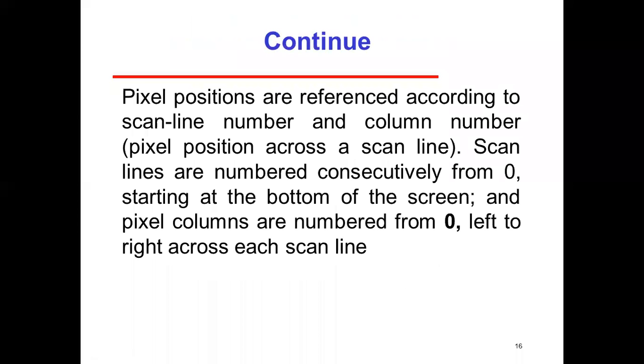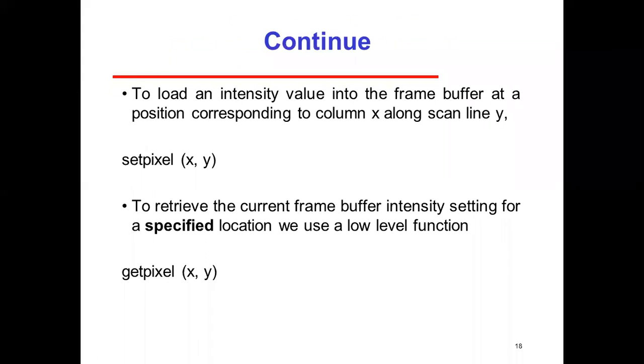Just considering again the same thing, how can we draw the line. To load an intensity value into the frame buffer at a position corresponding to column X along scan line Y, we use the command setPixel(x, y).